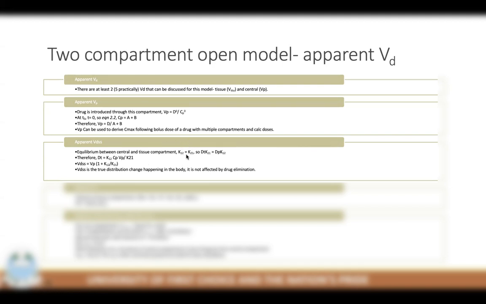Once we say K12 is equal to K21, we can begin to say that the dose in the tissue compartment times the rate of change in the tissue compartment will be equal to the dose in the central compartment, or the plasma compartment, times the rate of movement of drugs from the central compartment to the tissue compartment.